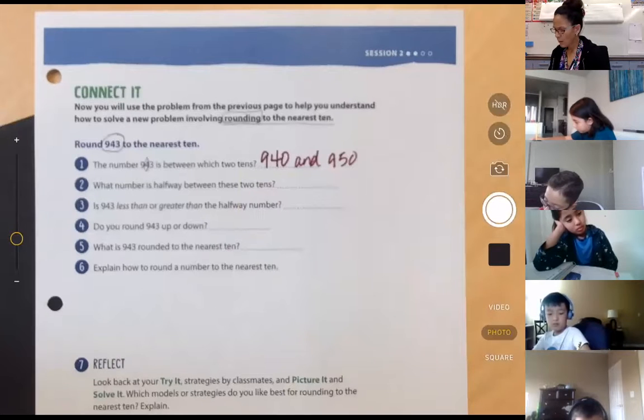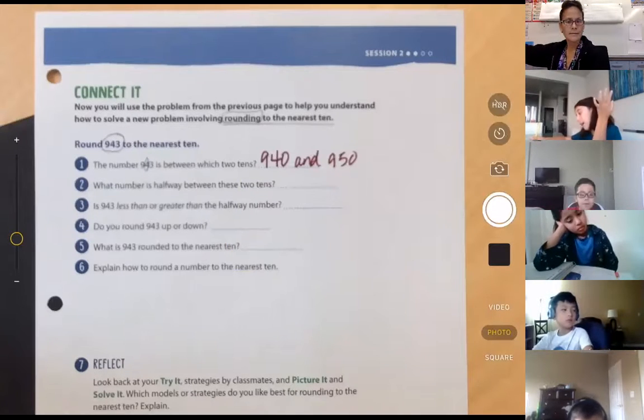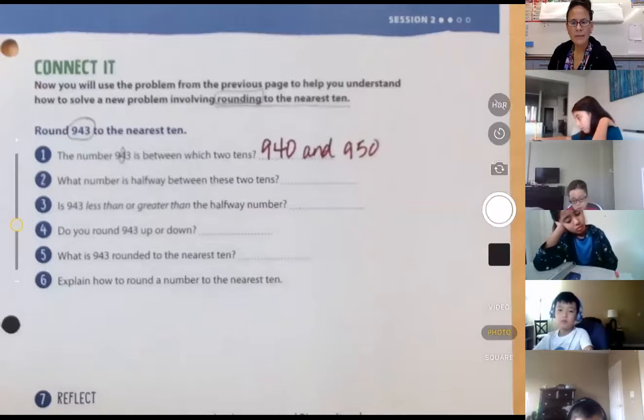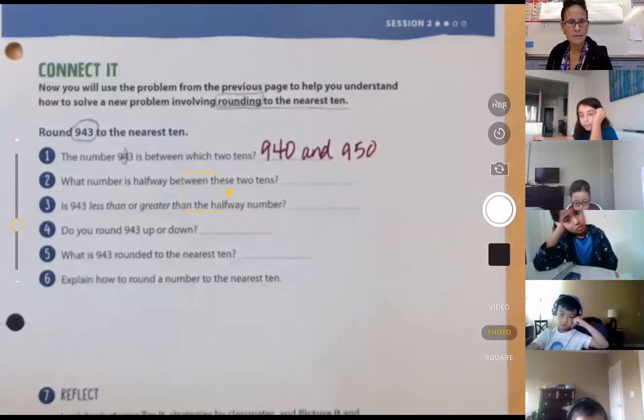And so when we take it down to question number 2, it is asking us, what number is halfway between these two tens?